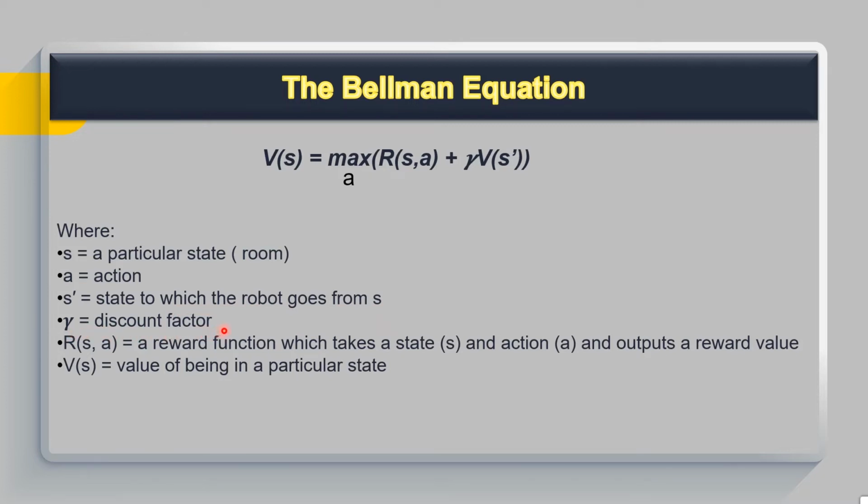We'll get into it in a moment. R of S comma A is a reward function which takes a state S and an action A and outputs the reward. V of S is the value of being in a particular state, which is the footprint. Now we consider all the possible actions and take the one that yields the maximum value.